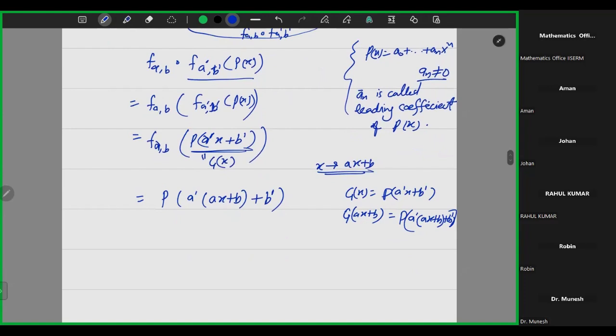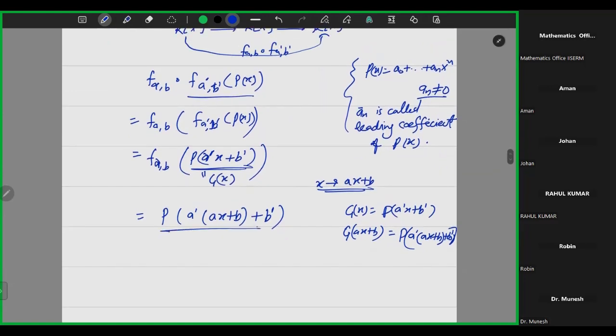Check it, then you will find this. So the composition is nothing but p of a'a x plus a'b plus b'.